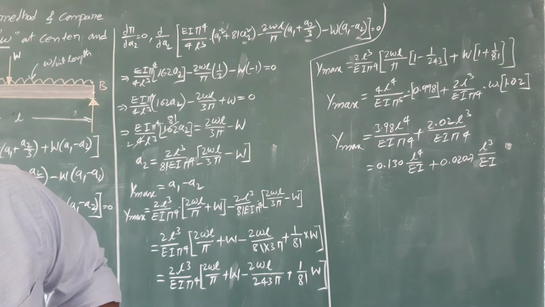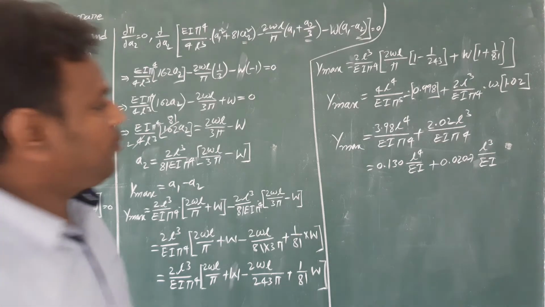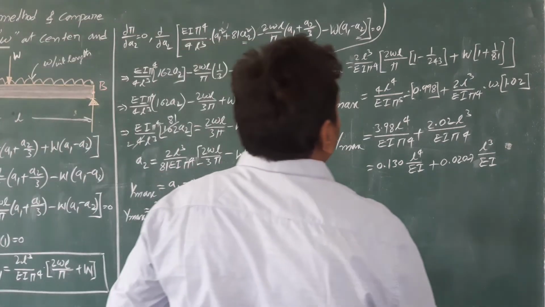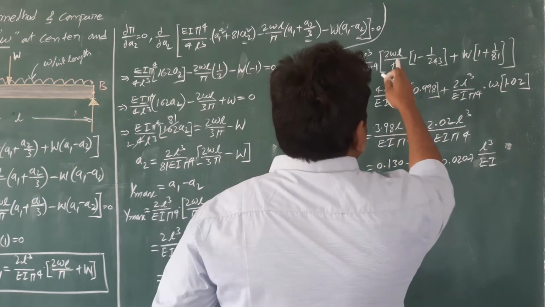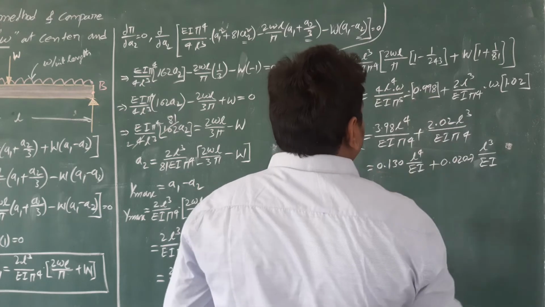This is similar to, so we know that, 5 by 384 W L power 4. Here we forgot W.